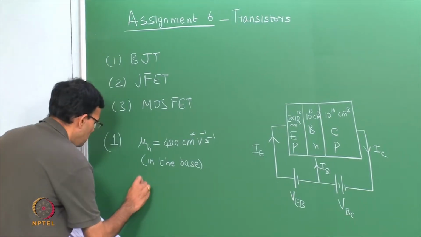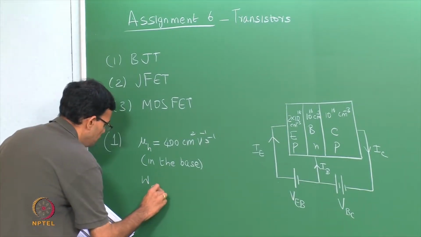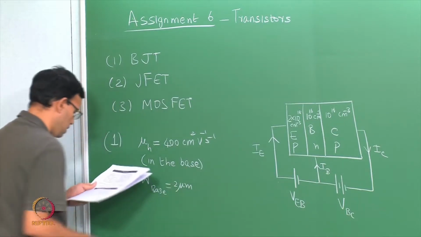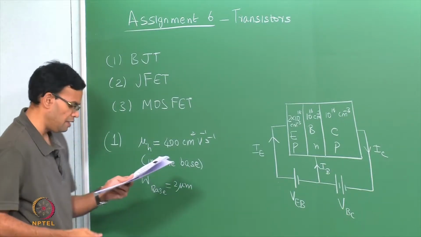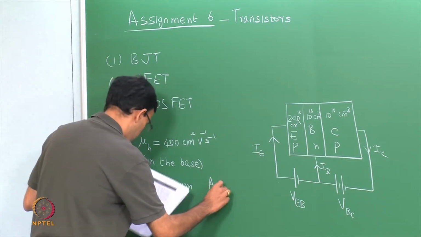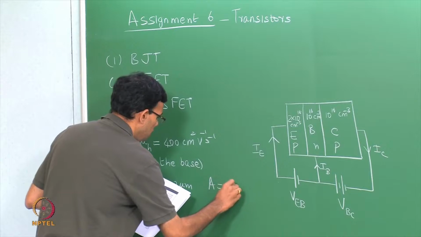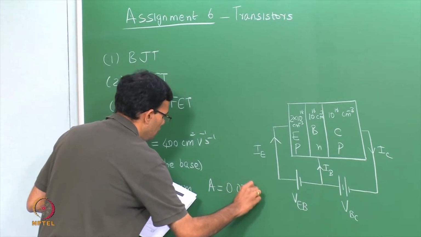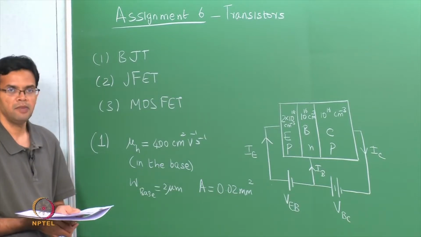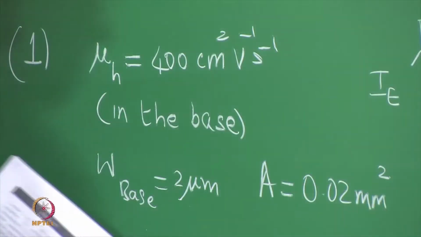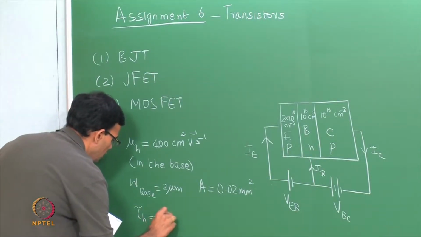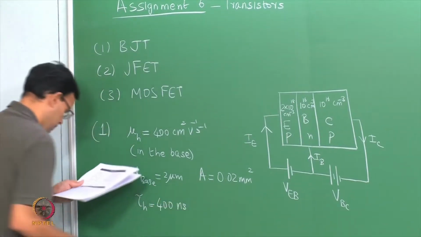So, the width W of the base region is 2 micrometers, and the device cross section is also given. So, A is 0.02 millimeter square. The hole lifetime in the base is 400 nanoseconds. So, that is tau h is 400 nanoseconds.